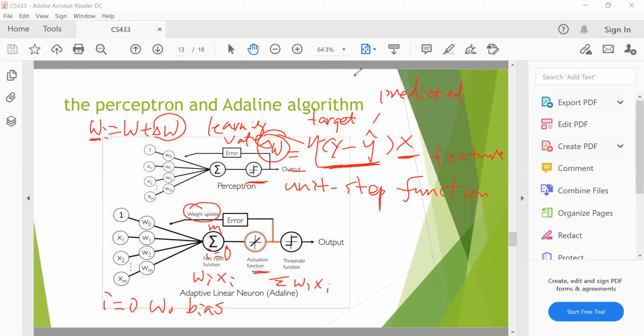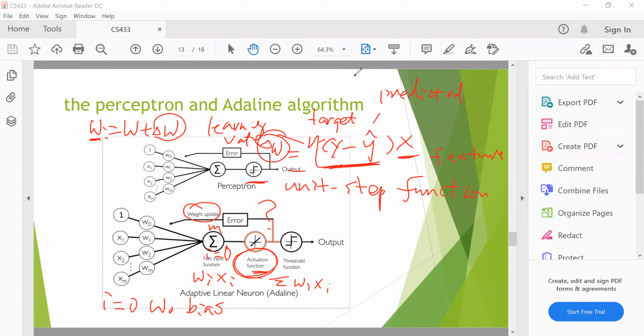That's that part. And over here, if you take a look, it doesn't update using the difference between target and predicted values. It uses what we call the activation function. So how does it do that?